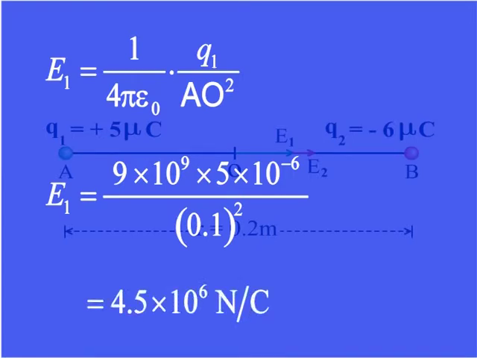On calculation, we get E1 equal to 4.5 into 10 raised to the power 6 Newton per coulomb along AB.